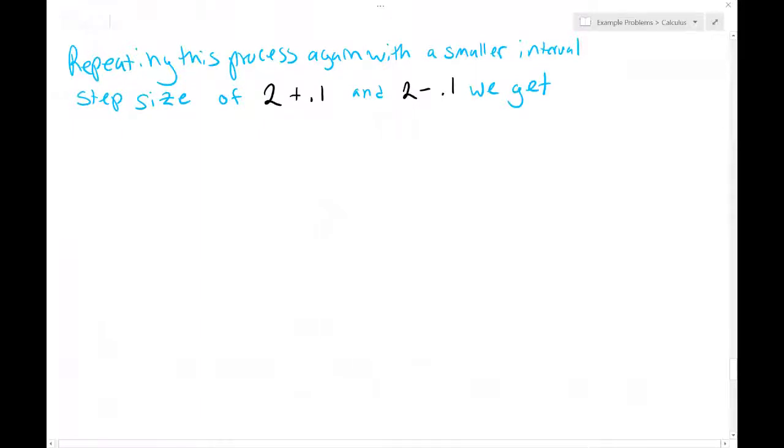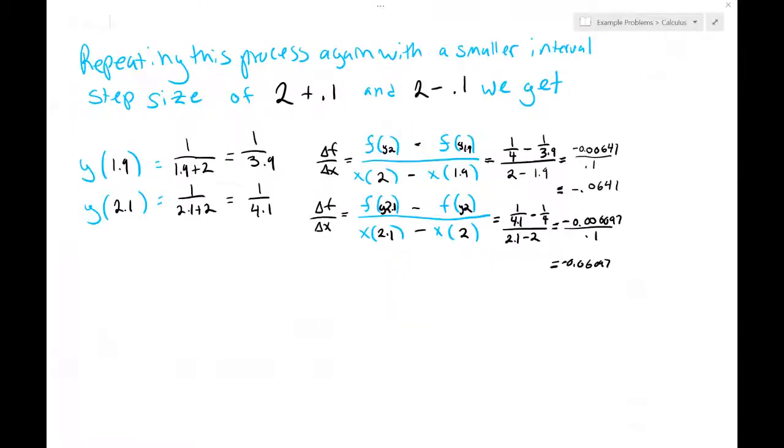Using this, we get y of 1.9 and y of 2.1, which comes out to being 1 over 3.9 and 1 over 4.1. If we plug those both into our average rate of change formulas, we end up with final values of negative 0.0641 and negative 0.06097.